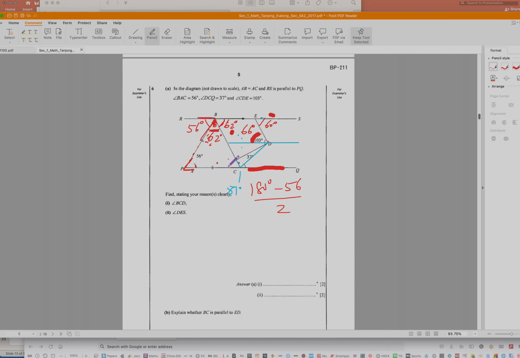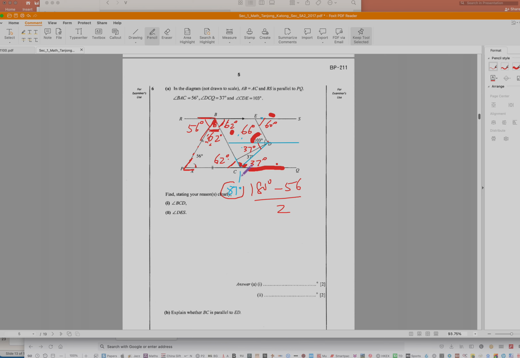Then this one is 37. This one is 37. This is 62, right? Just now you say. So this one is 87, right? 62, 37.